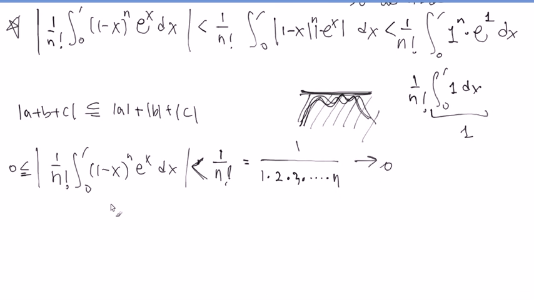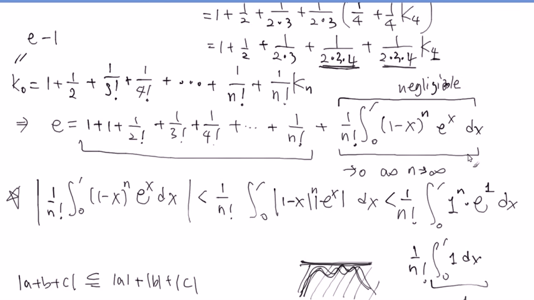So what happens to that guy? What is the theorem that allows you to conclude that the middle one is 0? Sandwich theorem. But in my book it says squeeze theorem. I like sandwich theorem, but I know squeeze theorem. They both start with S though. Squeeze theorem. So we conclude that one goes to 0. That part at the end is negligible, is proved.